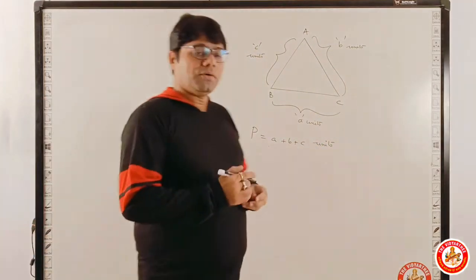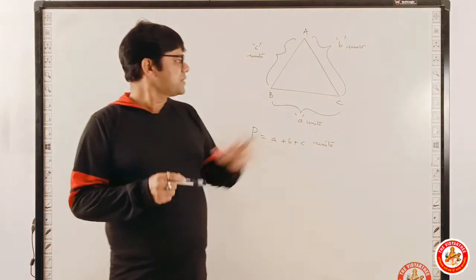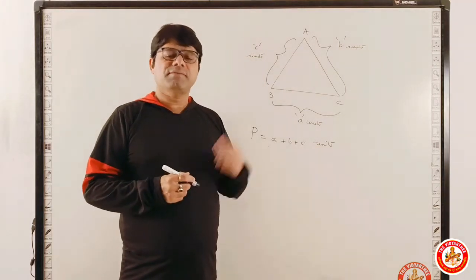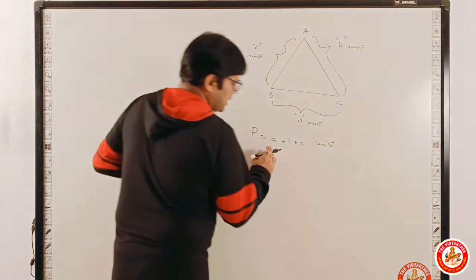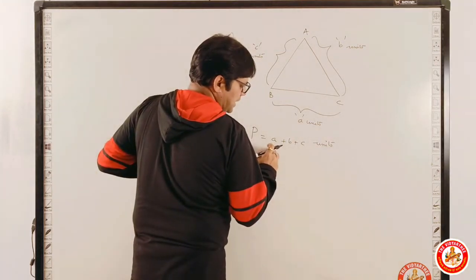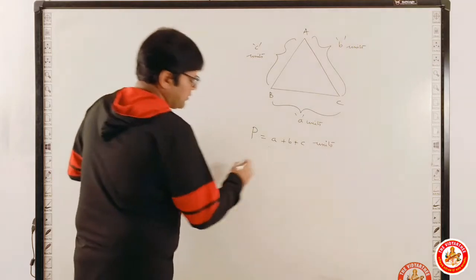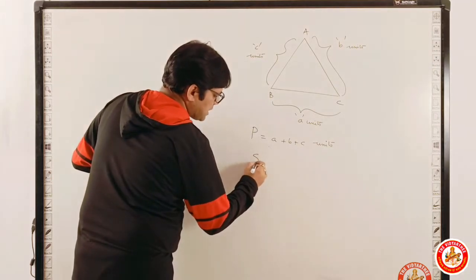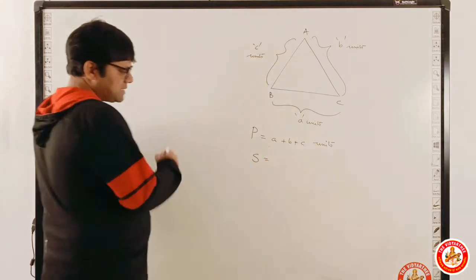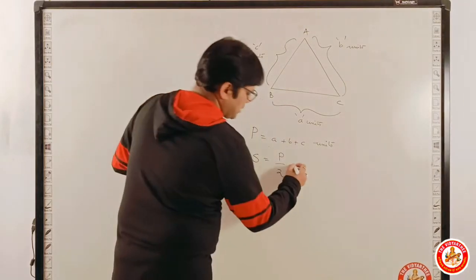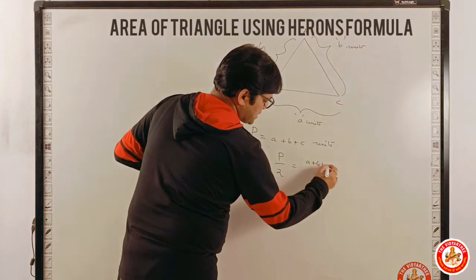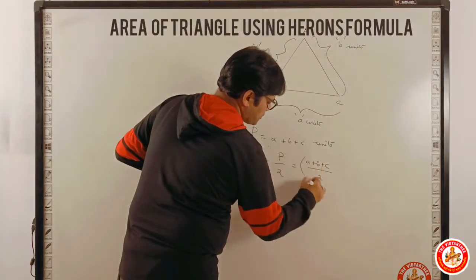Now we are going to attempt the area of a triangle where only A, B, C values are available. Now these are all in small letters, A, B and C. We need to find out the area using semi-perimeter method. So what is S? S means P upon 2. That will be A plus B plus C whole upon 2.